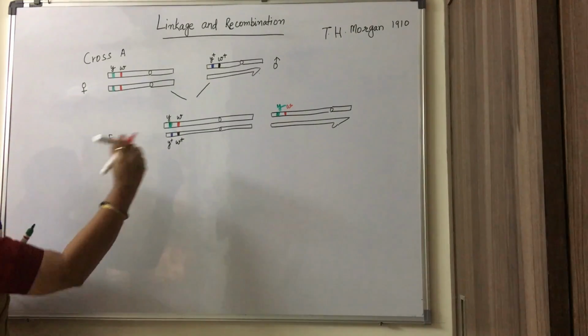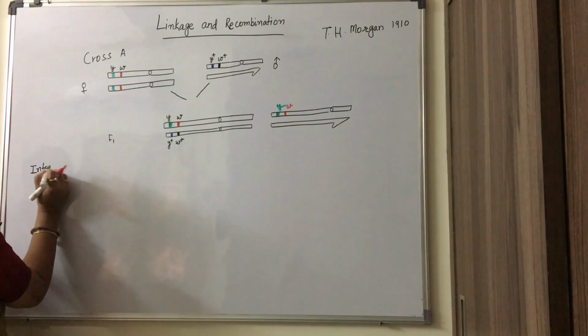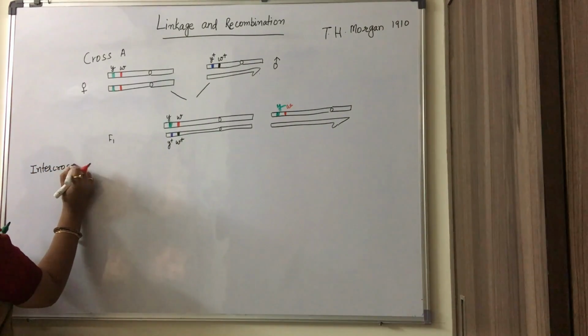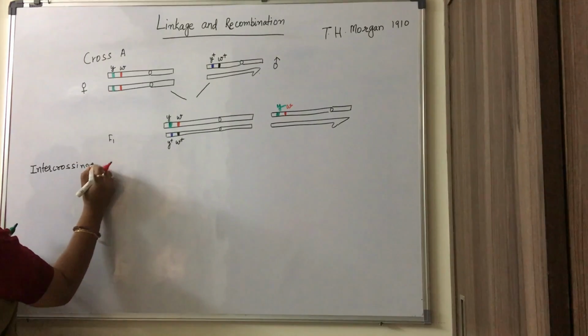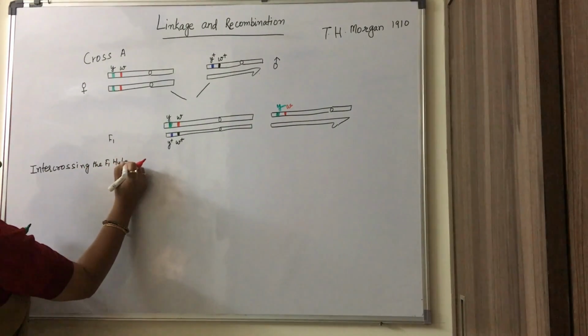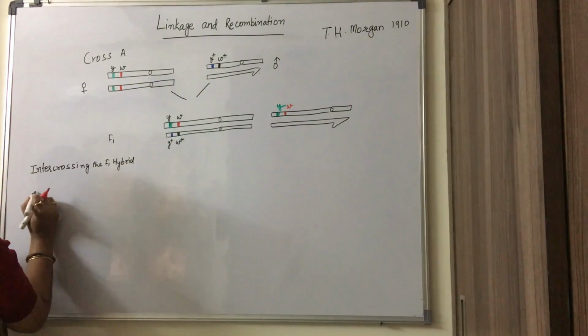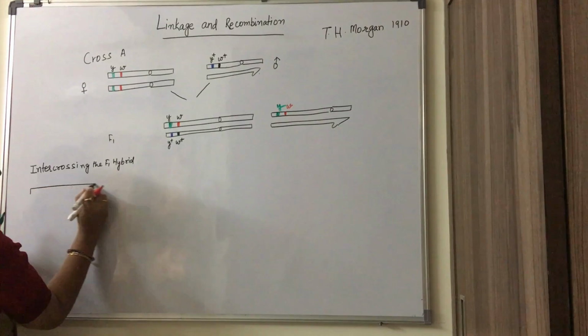Now Morgan continued his experiment by intercrossing the F1 hybrid. We are looking at this chromosome, so let us see what happens.